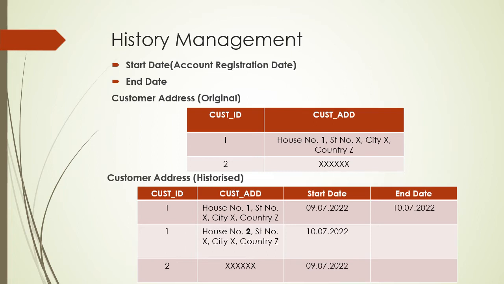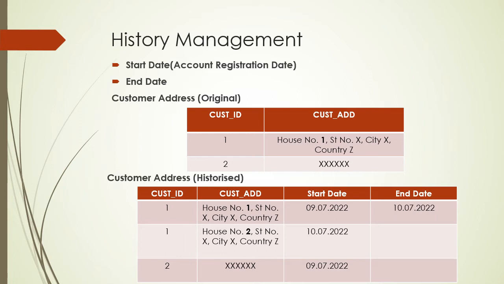This customer actually moved from house number one to house number two. Taking the same registration example, the customer maintained a record with us. He or she registered when living in house number one, and then tomorrow changed their address and moved to house number two. Now what you have to do is, you will not override this record.